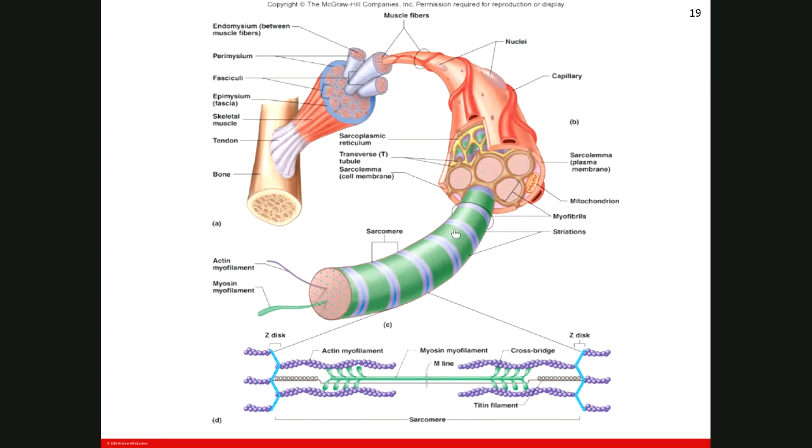This repeating functional unit is called a sarcomere. Now I want to talk about the sarcomere: how actin and myosin make the sarcomere, and how this structure makes contraction for our muscle fiber.